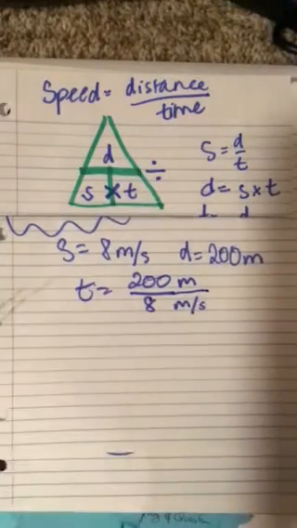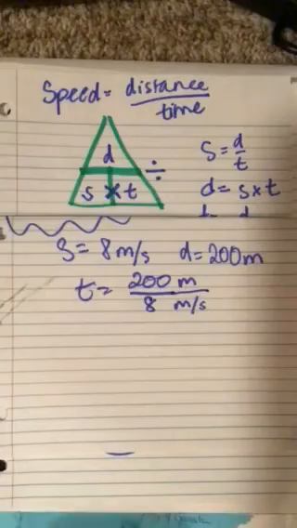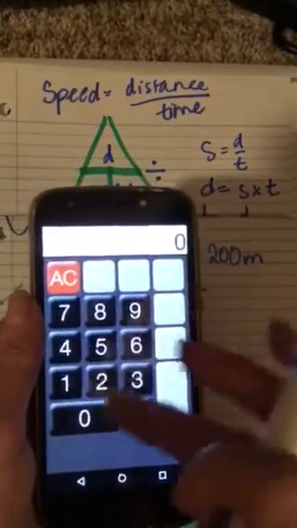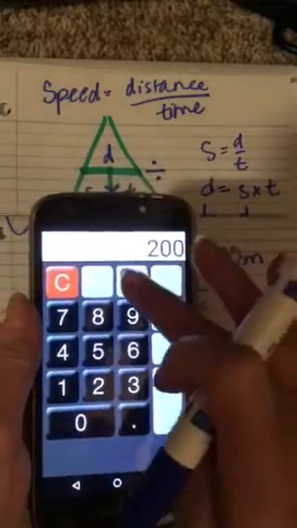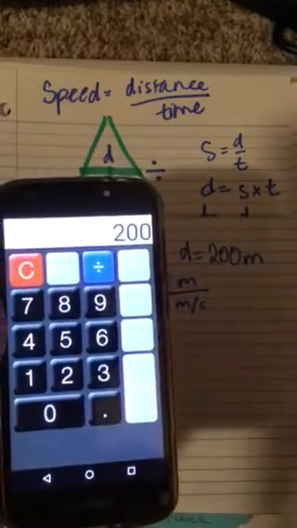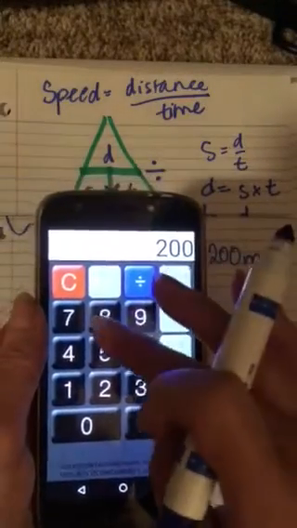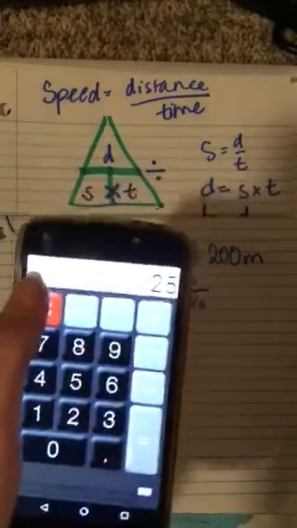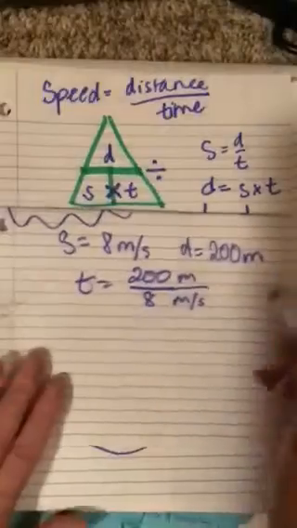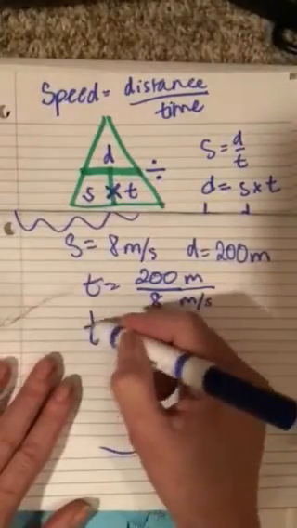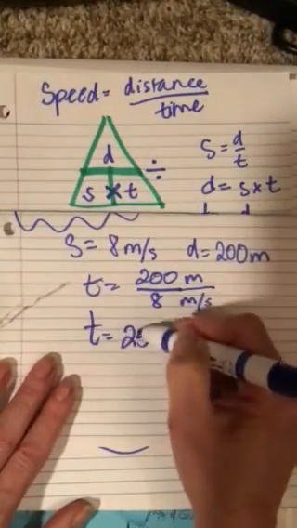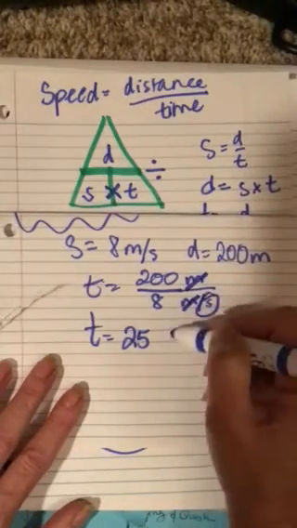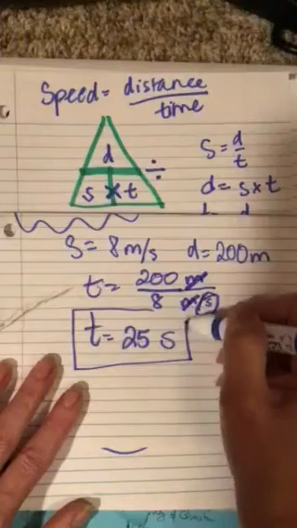All right, so I'm going to take 200 and divide it by 8, and that equals 25. So time is equal to 25. What units? Meters are gone, so that leaves us with seconds. The time is 25 seconds.